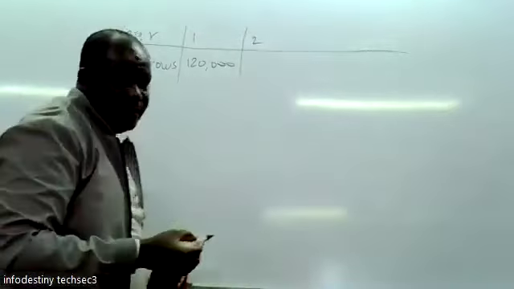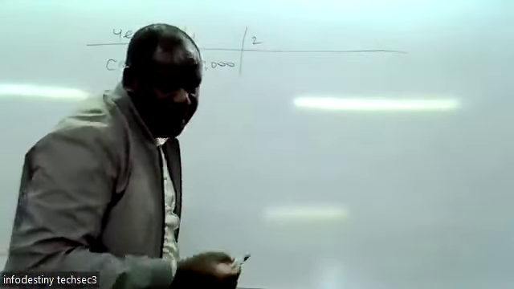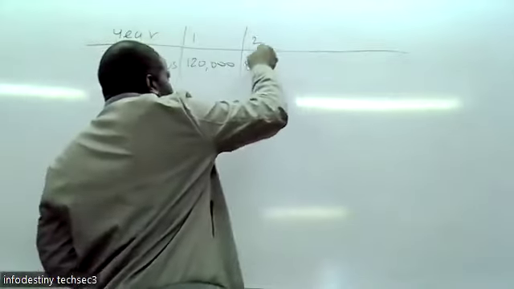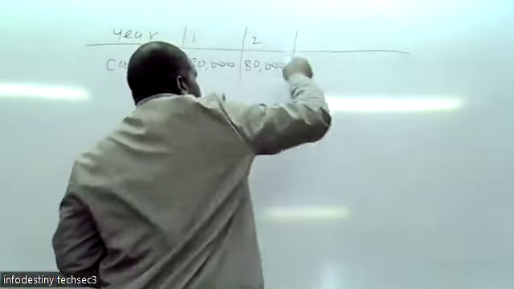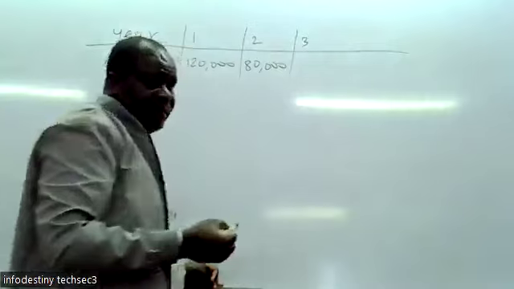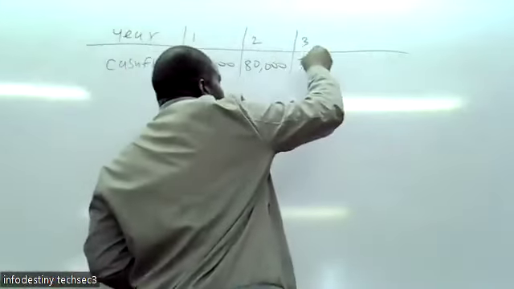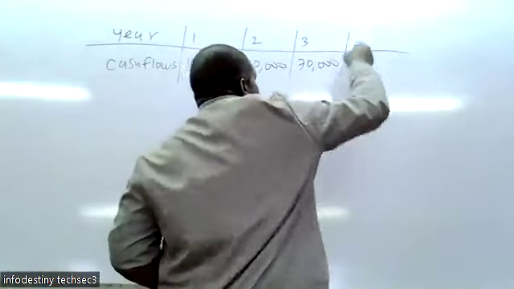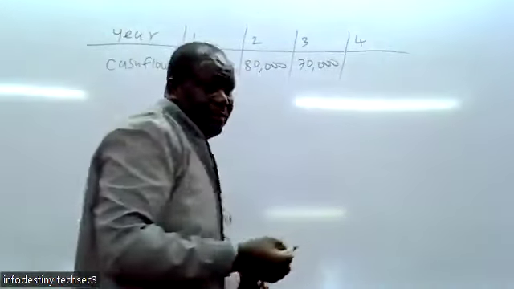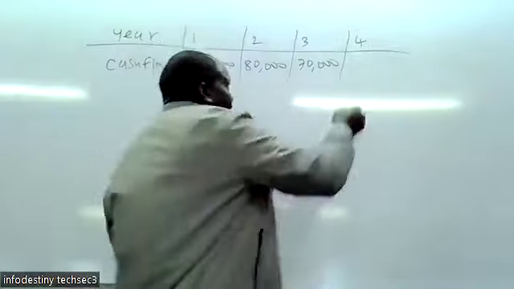Year 2, we have 80,000. Year 3, we have 70,000. Year 4, we have 60,000.